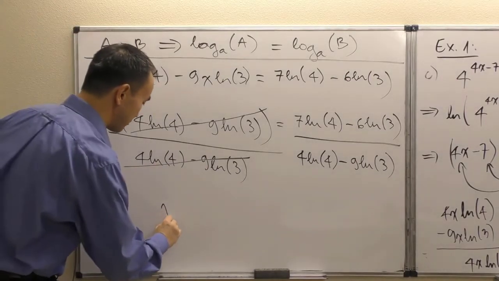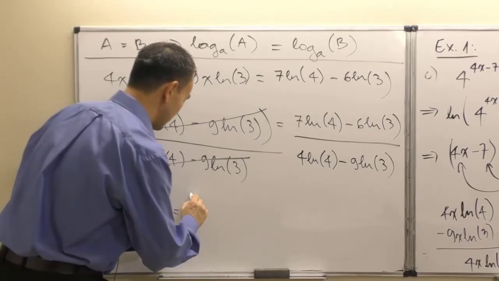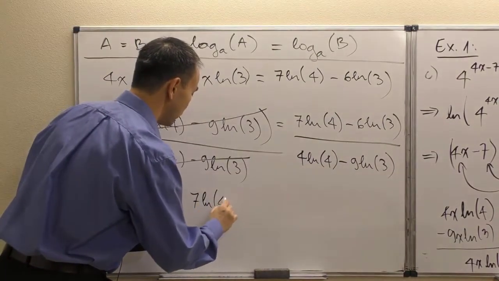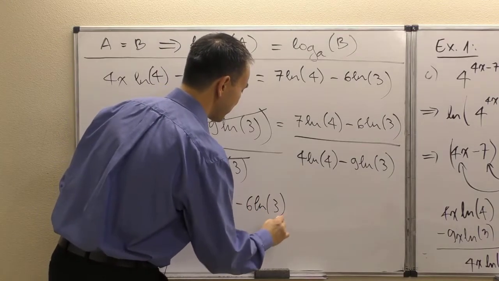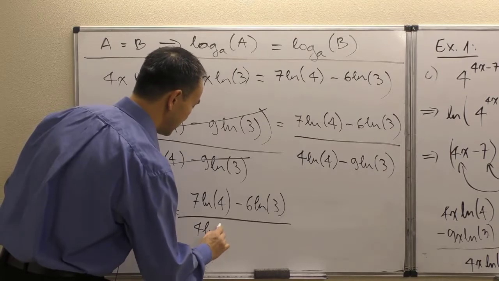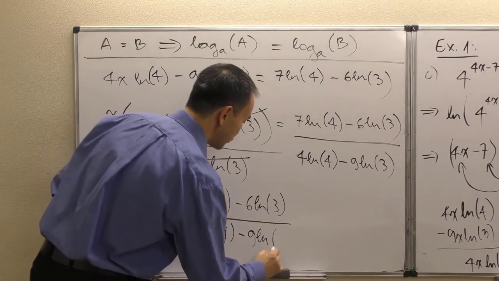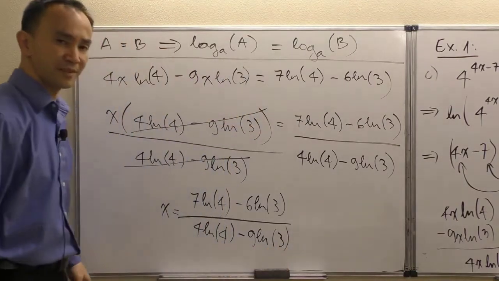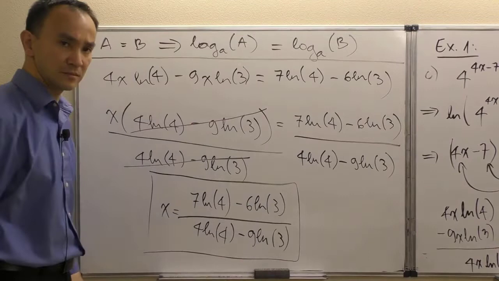Now it leaves behind x equals 7 natural log of 4 minus 6 natural log of 3, divided by 4 natural log of 4 minus 9 natural log of 3. So this is an exact expression.